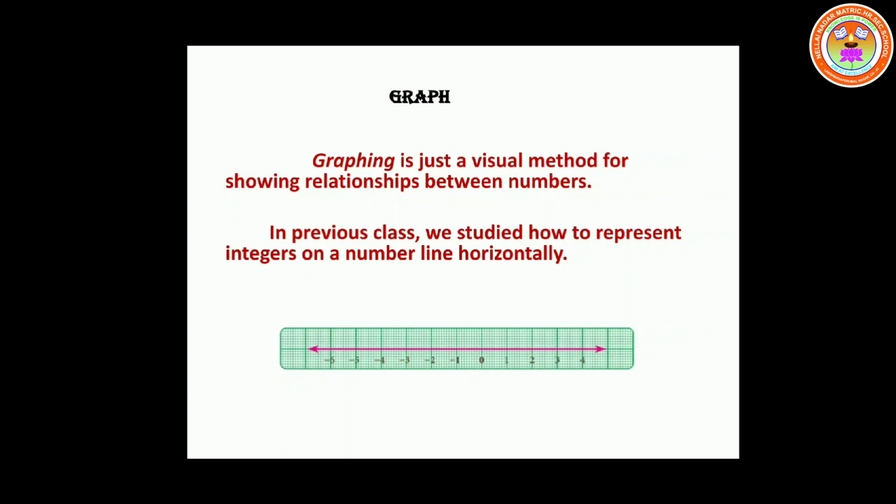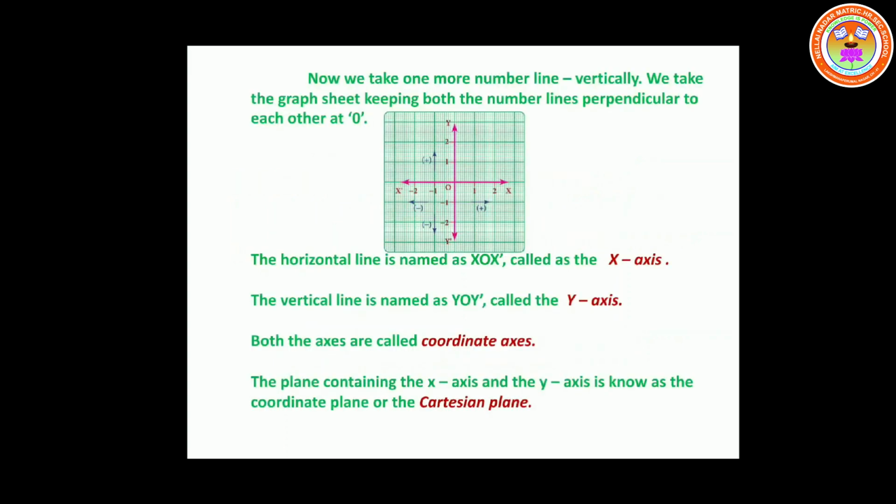Yes? So, we learned how to represent them on a number line, and it is represented as a horizontal line. Now the same thing, we are going to take one more line, but that should be a vertical line. We take the graph sheet keeping both the number lines perpendicular to each other at O. So I am going to take the horizontal line and the vertical line such that both the lines are perpendicular at the point O. Now look at this graph.